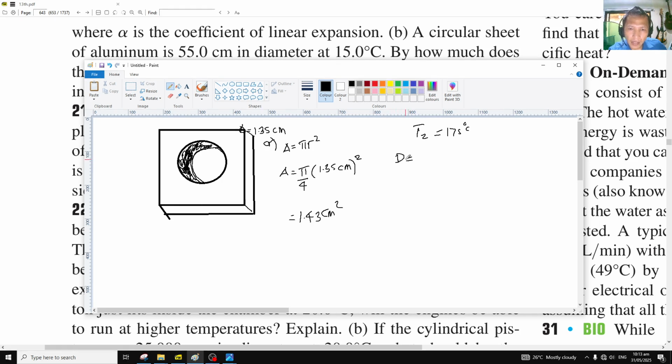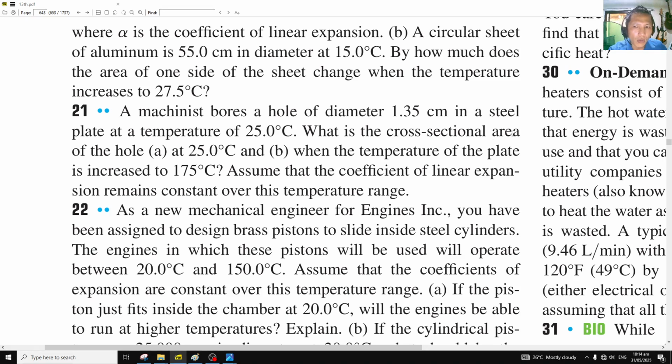the original diameter plus delta diameter. Wherein this delta diameter is of course your formula alpha times length, or D0 in this sense, L0 would be the D0, times delta T. So we substitute: D0 is 1.35 centimeter plus your change, that would be alpha for what is this machine, a steel plate.